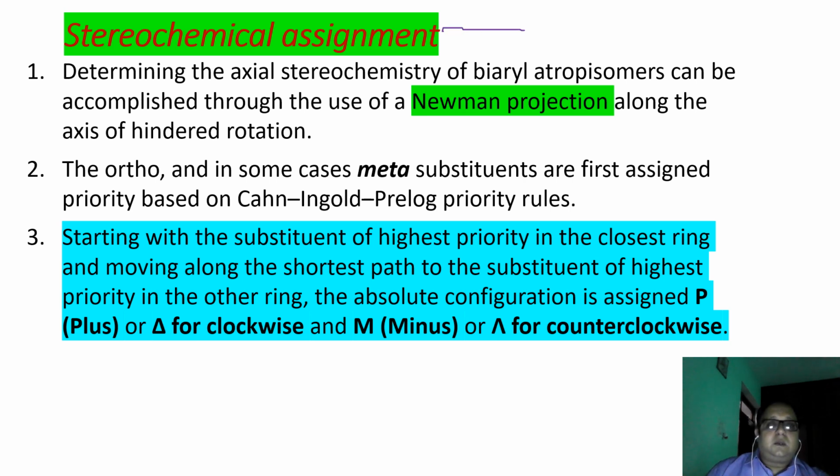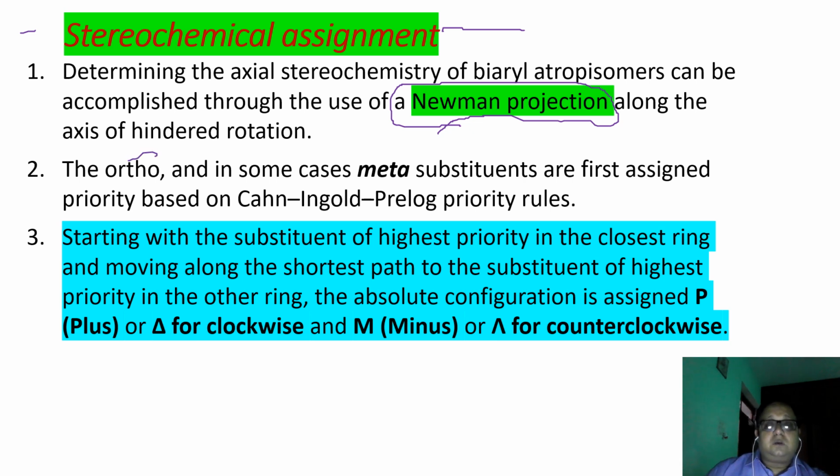Let's see how the stereochemical assignment is done for atropisomers. In order to accomplish stereochemical assignment for atropisomers, the Newman projection of the biphenyl nucleus is considered.